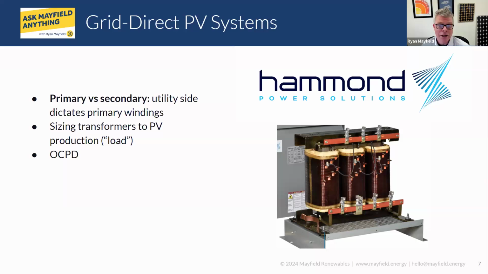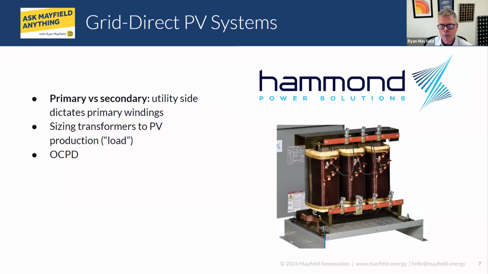Wonderful. Great. Thank you for all that. That's super helpful information. And then the last one on this slide, the overcurrent protection device. There was a first question that came in from Chris LaForge, asking about requirements around that. We're probably not going to get too far into it. Chris, one of the things I would point out is that 705 and 450 both have overcurrent requirements for transformers, and it also points back to 240.21(C).